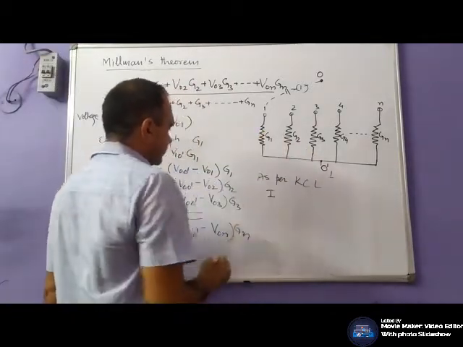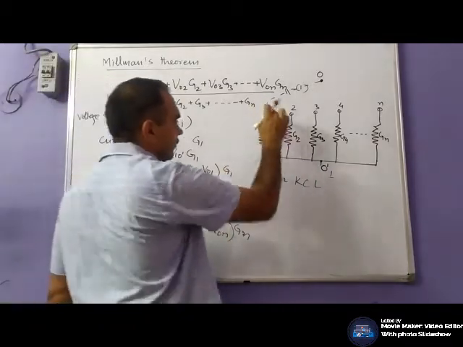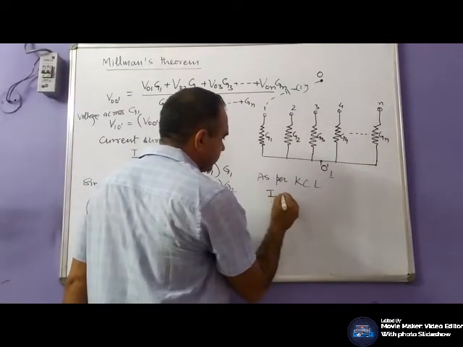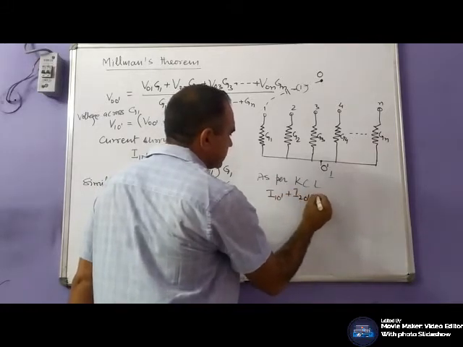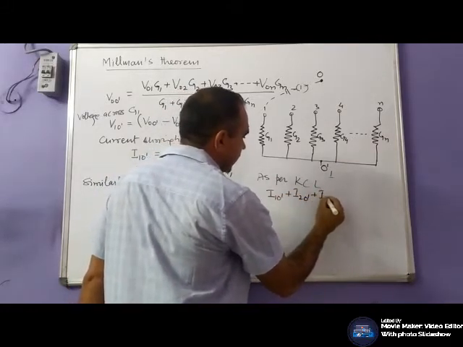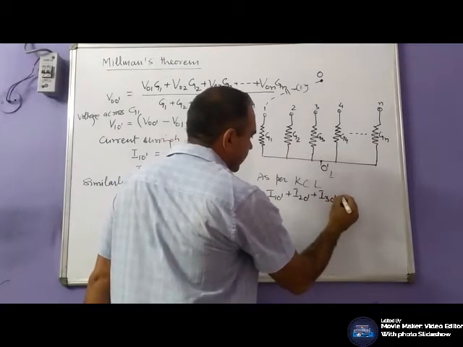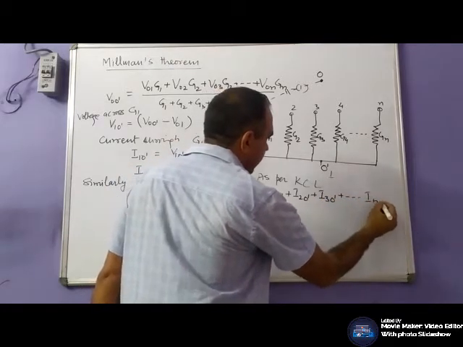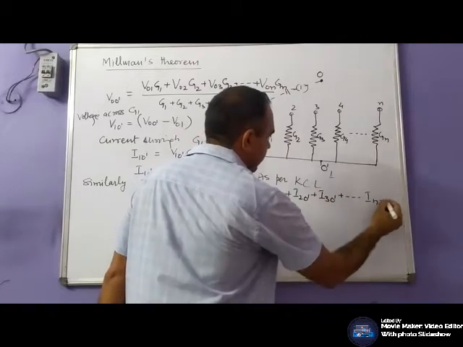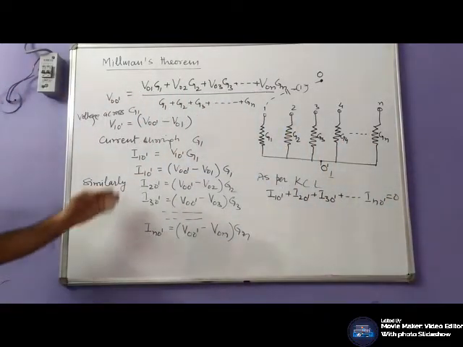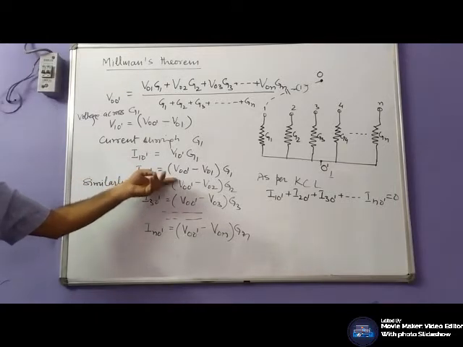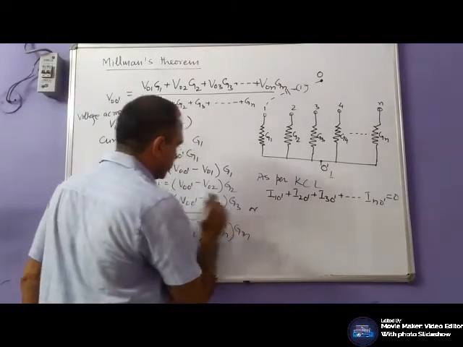I1 0 dash plus I2 0 dash plus I3 0 dash plus so on, In 0 dash is equal to 0. Now what was I1 0 dash? Put this value here.